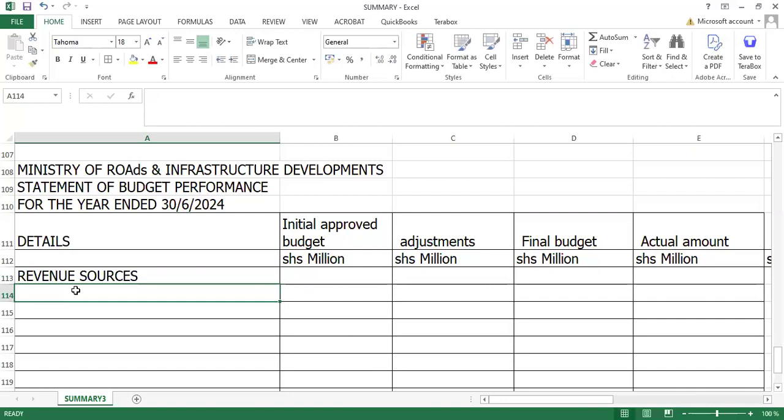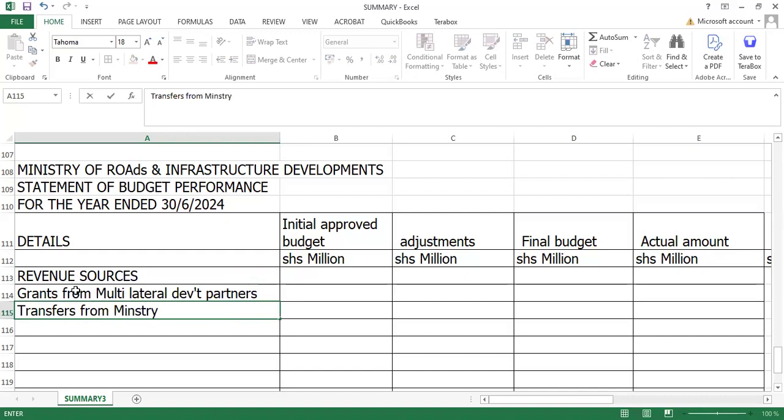And the revenue sources, you have seen that we have grants. Start with what we had initially. Grants from multilateral development partners. You have the transfers from Ministry of Finance, you have the grants from bilateral agencies.